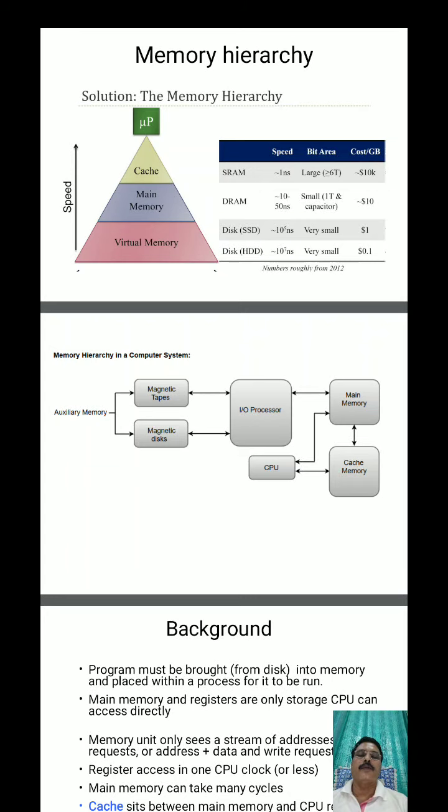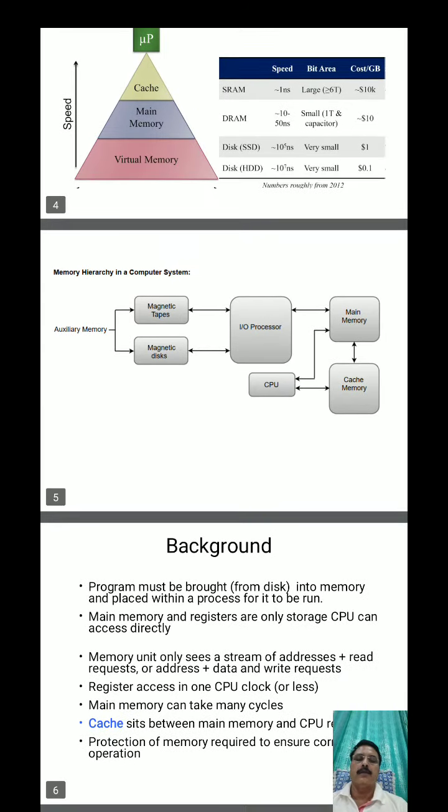Otherwise, the information will be accessed by the CPU from main memory, brought into the cache memory, and then accessed by the CPU. Auxiliary memory devices such as magnetic tapes and magnetic disks are interfaced to the CPU via the I/O processor.